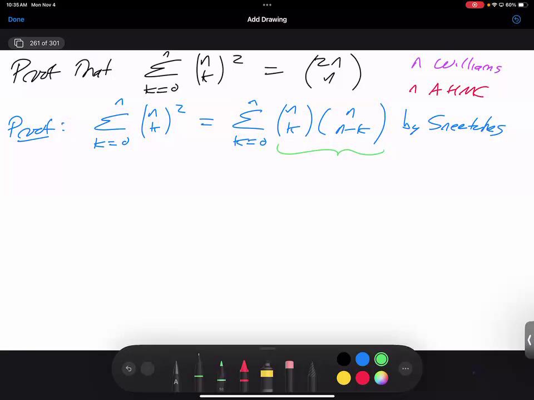So this is the same as we choose exactly k from Williams. We choose exactly n minus k from the Amherst Harvard Michigan Consortium. And then we sum over all k. What do we get when we sum over all k?